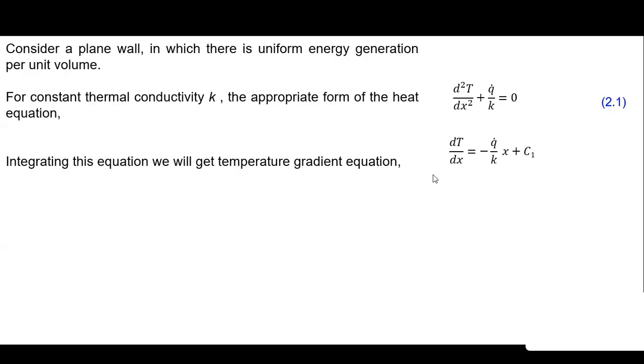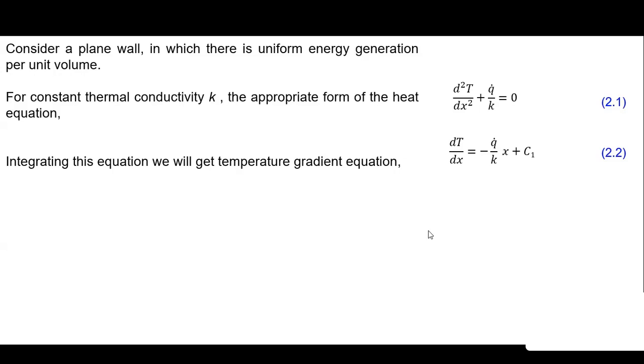If you integrate by bringing this Q dot by K on this side, it will become dT upon dx equal to minus Q dot upon K into x plus the constant of integration C1. So this is the temperature gradient equation for a plane wall with energy generation.